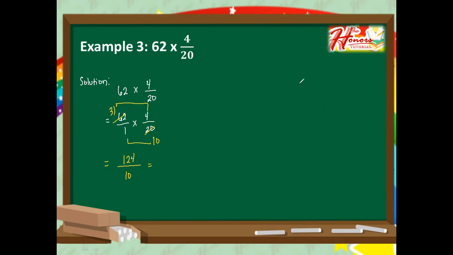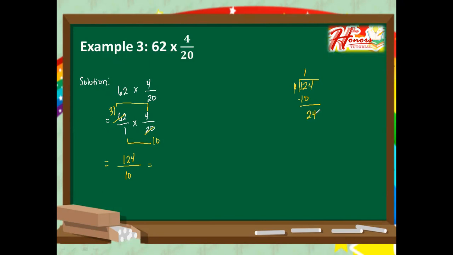How? So we have here 124 divided by 10. So 12 divided by 10 is 1. 1 times 10 is 10. Subtract 12 minus 10 is 2.